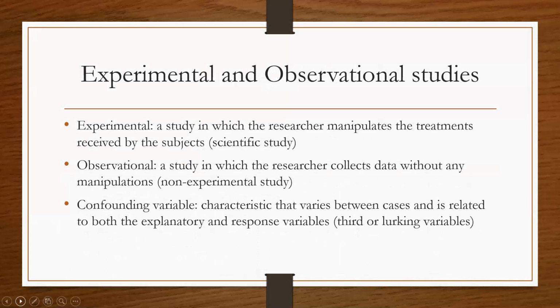So you also have other kinds of studies. You have an experimental study, which is, in the simplest way, a scientific study where a researcher is manipulating the treatment received by the subjects as a way to gather data. You also have an observational study, which is a study in which the researcher collects data without any manipulations.